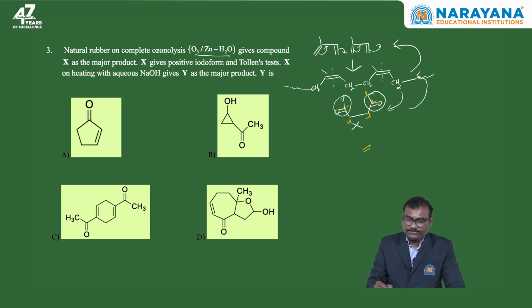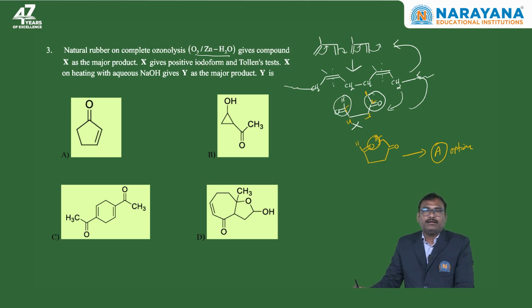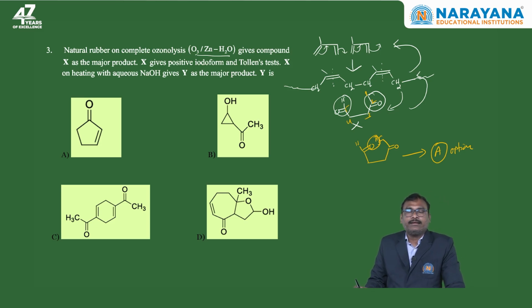That means this oxygen and these alpha hydrogens condense and produce the compound A, option A. This is the intramolecular aldol condensation. You can also call it a crossed aldol condensation.